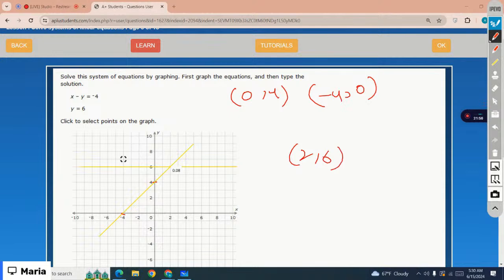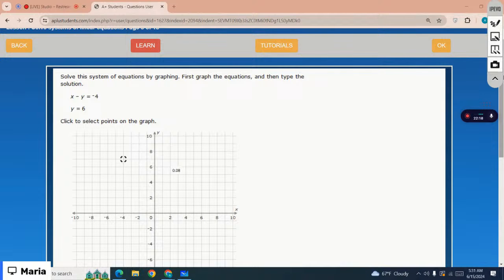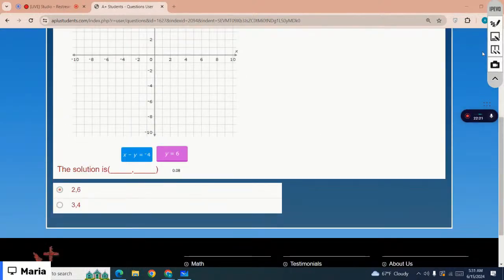Basically, you have to calculate the x-intercept and the y-intercept of the given equation. Just plot the x-intercept and y-intercept and the other equation. And this way you can find the solution. Let's just start with the next question. The correct option is 2 and 6. Option number 1 is the correct option.